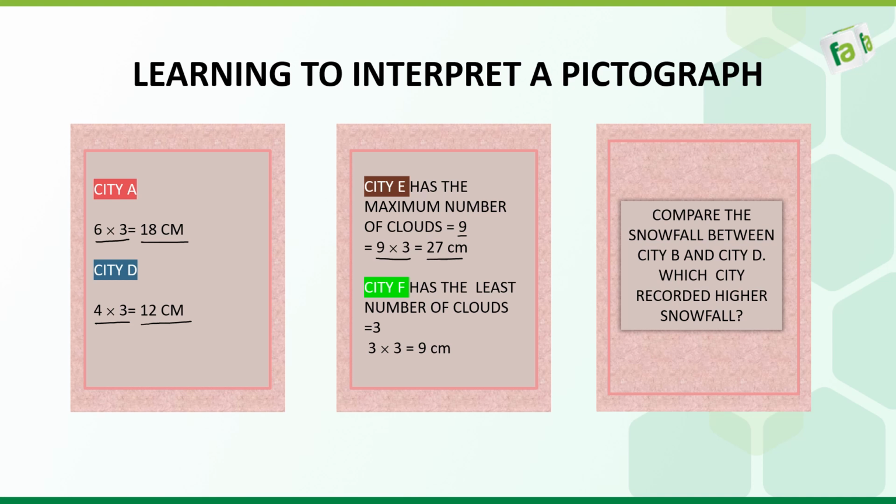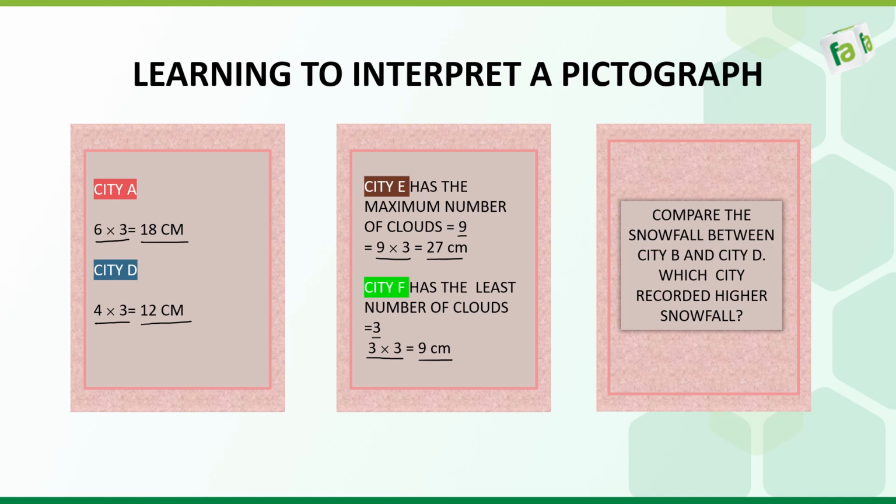Therefore, city E has the maximum amount of snowfall, that is 27 centimeters. The row with the least number of clouds is city F, which is equal to 3. So 3 multiplied by 3 is equal to 9 centimeters. Therefore, city F has the minimum amount of snowfall, that is 9 centimeters.